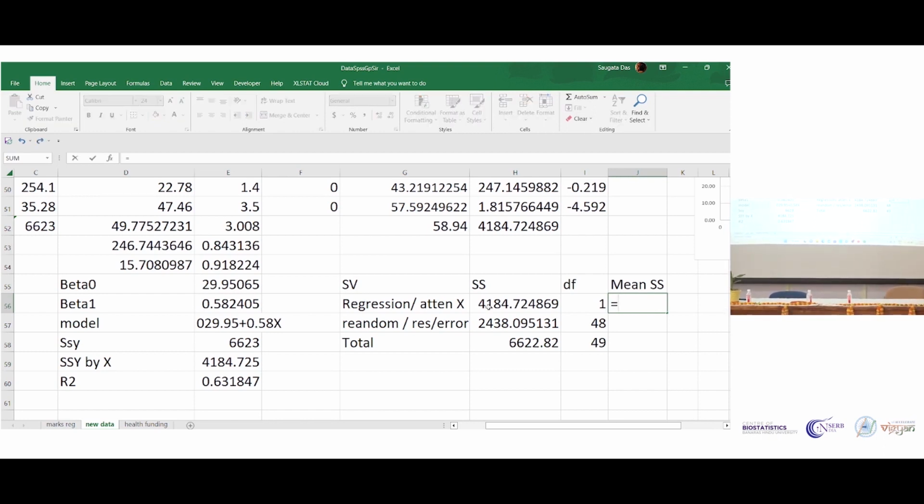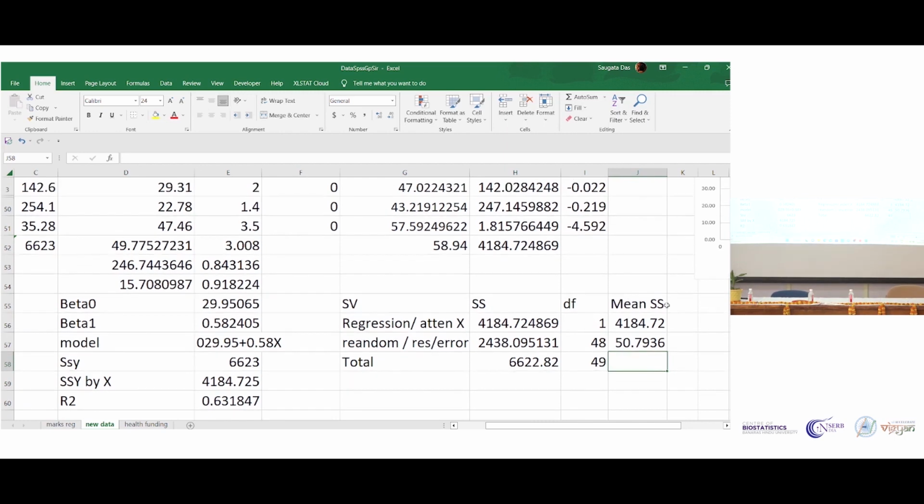Equals to, for regression, it is SS upon DF, or 1, equals to SS upon DF. Okay? Then F value.